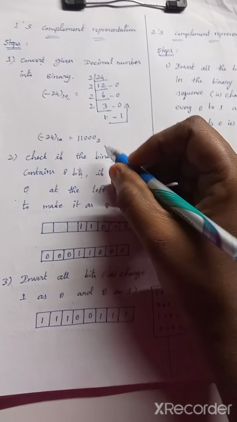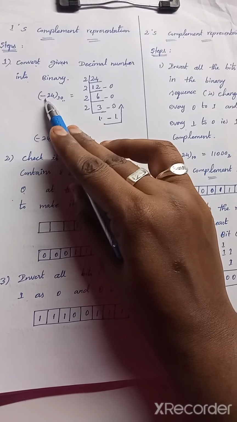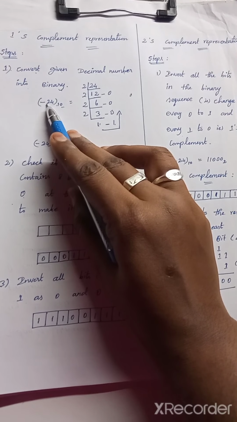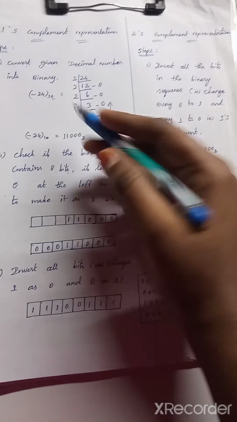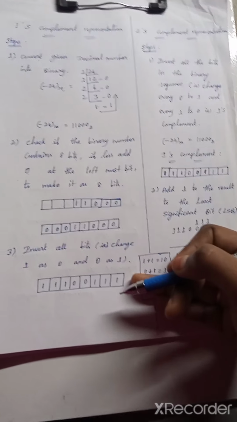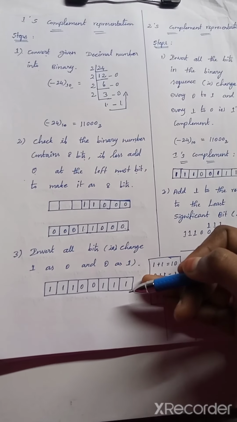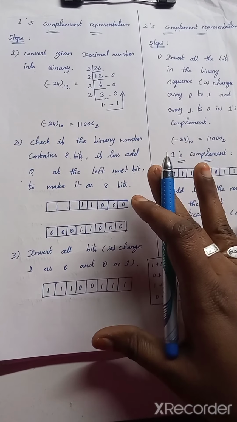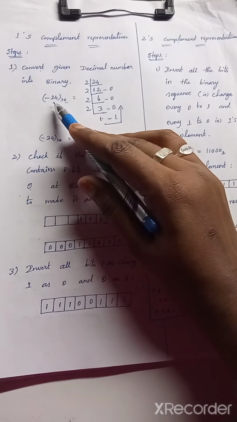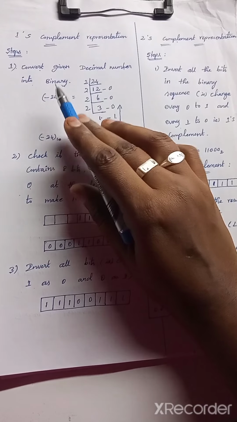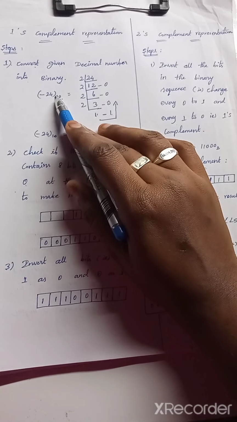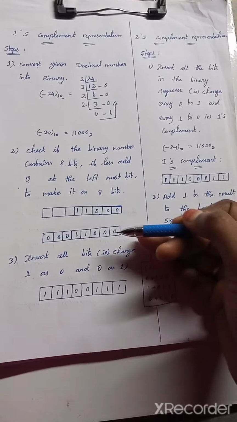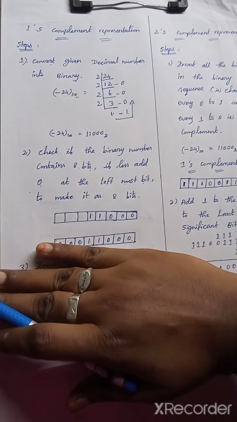In the 1's complement we took the example as a negative value. Since the value is negative, we can do the third step. But if the value is positive, plus 24 base 10, we stop the process in this second step.